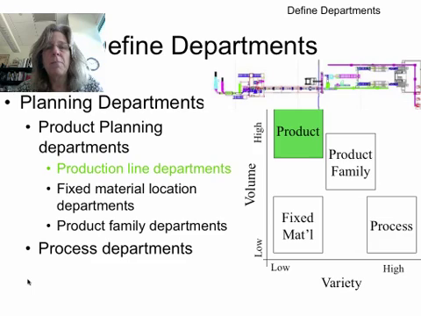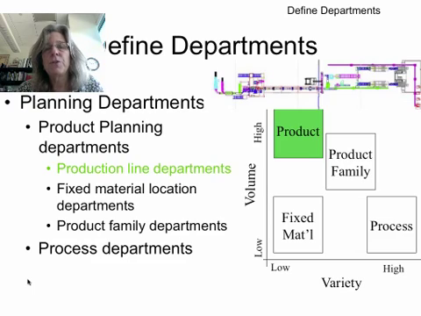So we're going to look a little bit more at how this works out on this grid that we have here, where the x-axis is variety, the types of products that a company processes, whether low variety or high variety, so they just do one thing or do they do many things. And then the y-axis would be the level of volume, low volume or high volume.